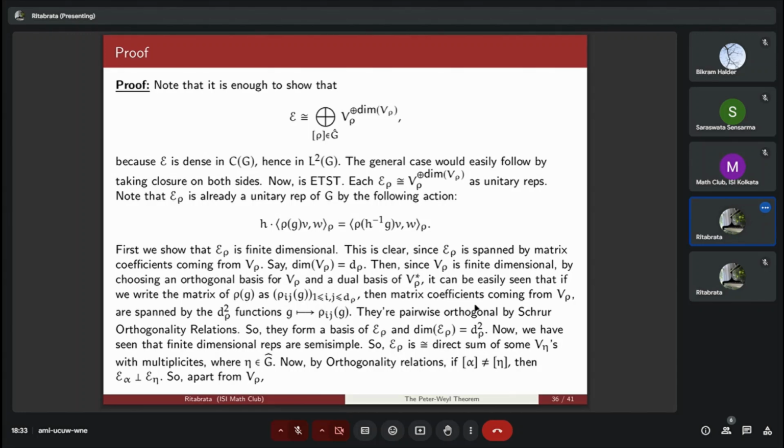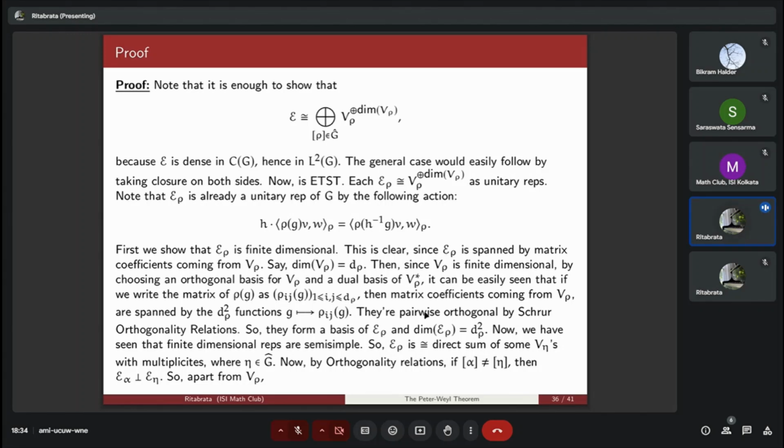Now, apart from V_ρ, no other V_π can be present in the decomposition of η_ρ, because V_π is orthogonal to it. By Schur orthogonality relations, a subspace of a space cannot be orthogonal to the whole space unless it is 0, because inner products are non-degenerate bilinear forms.